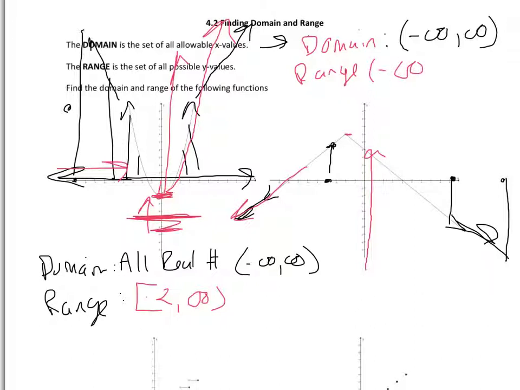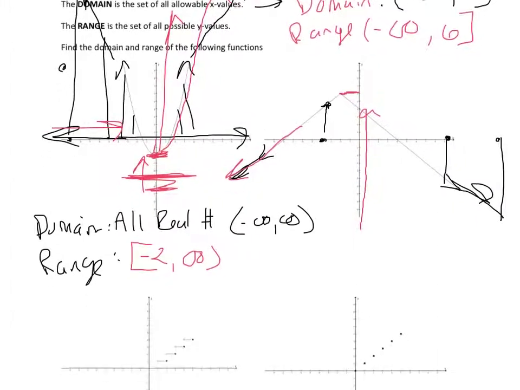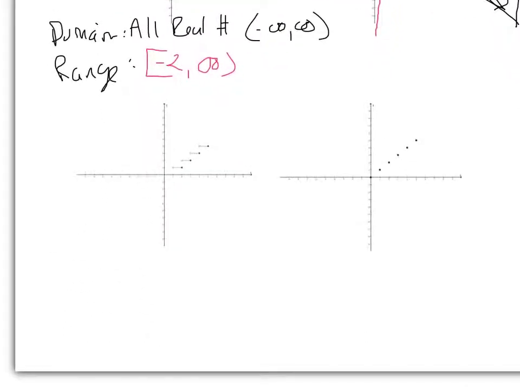But this is the highest y value it takes on, and we look over there, that's y equals 6. It does take on the value 6, so we want to include that. So we put a square bracket, and that right there is the domain and range of that. Okay. So, on these next two we look at, they're a little bit different.